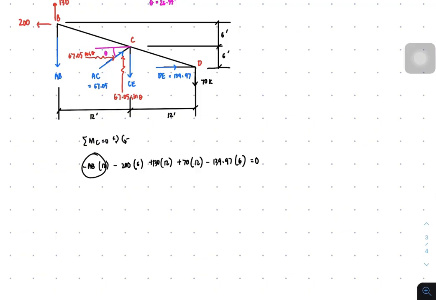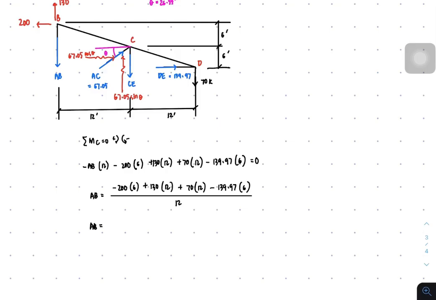Transposing AB to the other side, we will have AB equal to, copy everything, negative 200 times 6 plus 130 times 12 plus 70 times 12 minus 139.97 times 6, and this is divided by 12.